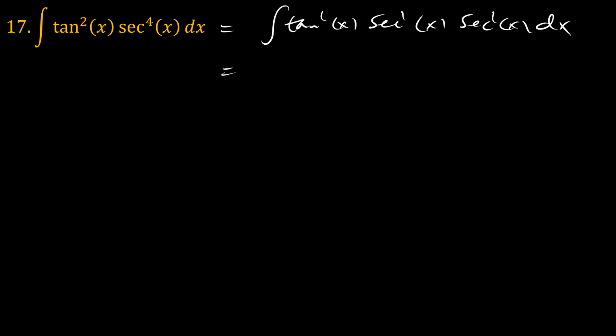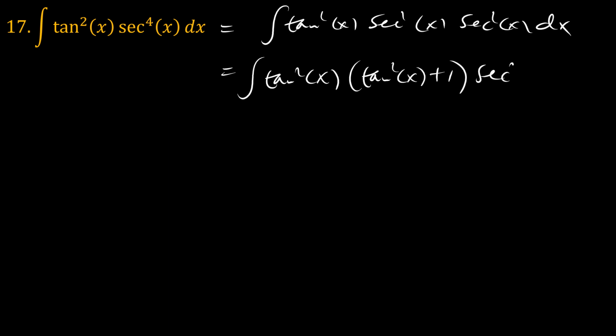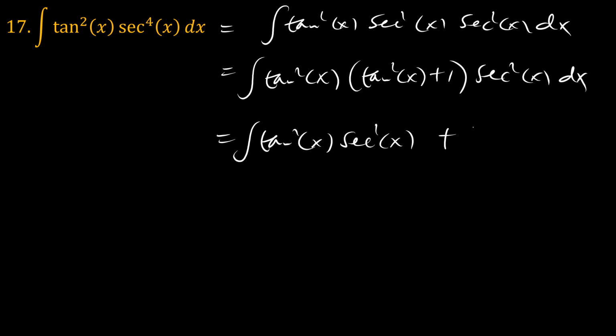And since we know that sec squared of x is the same as tan squared of x plus 1, we get tan squared of x sec squared of x plus, sorry, this is tan to the 4th of x times tan squared of x sec squared of x.